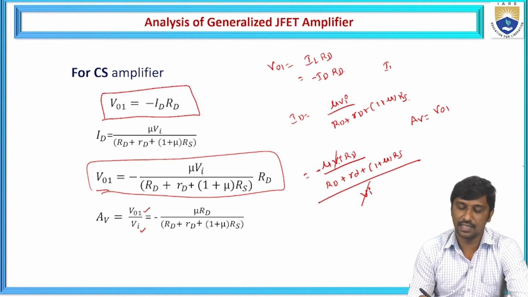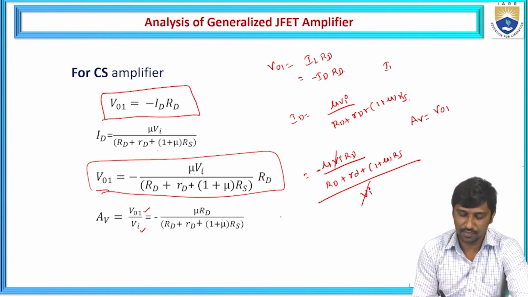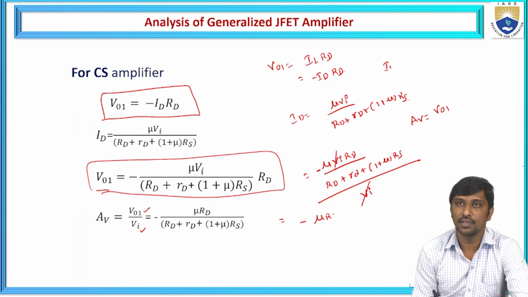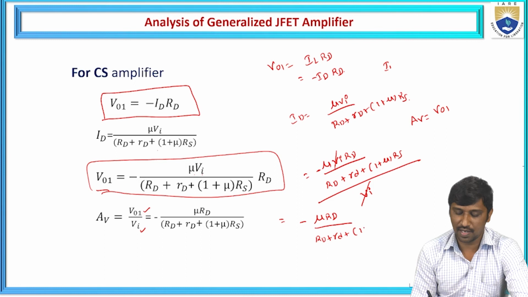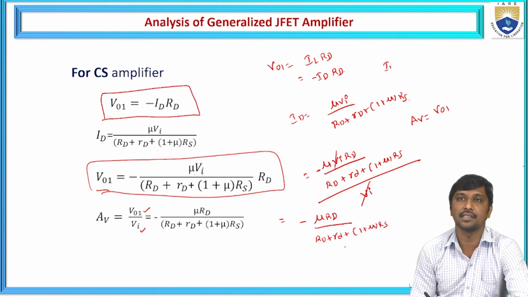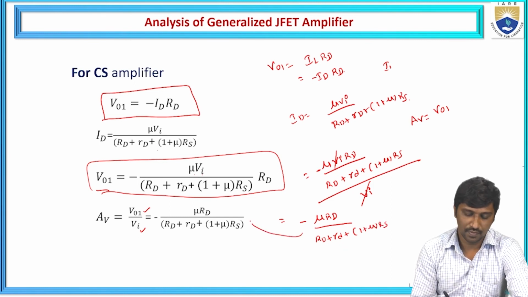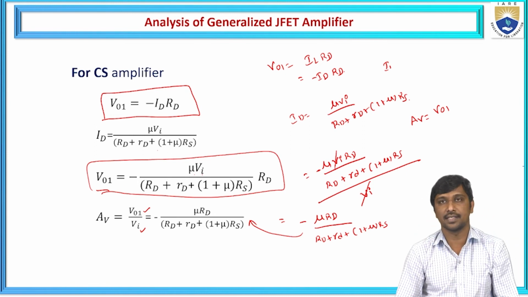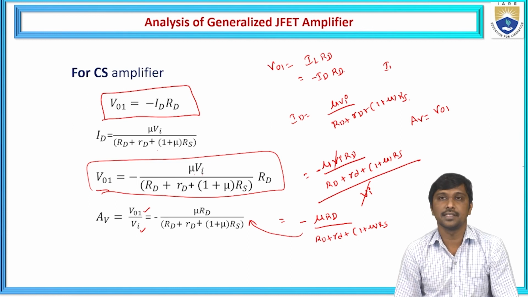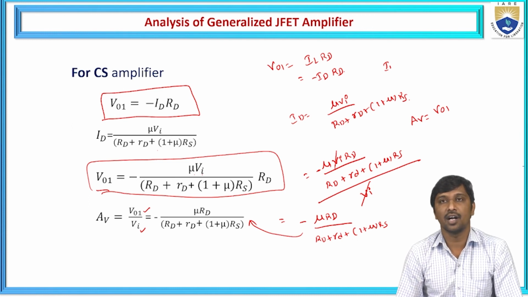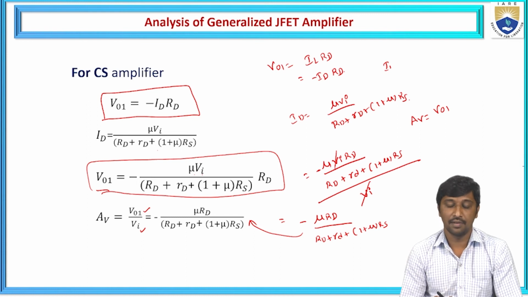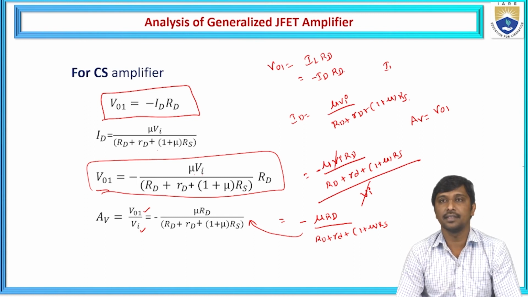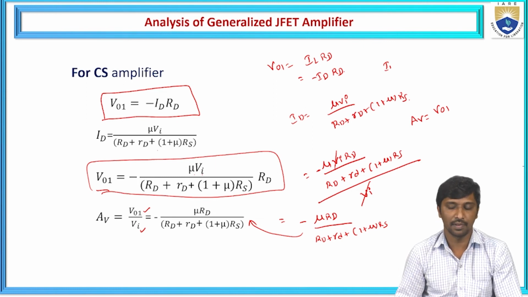So this Vi gets cancelled. Now it becomes minus mu times capital RD by capital RD plus small rd plus 1 plus mu times Rs. This is the voltage gain when we consider the source resistance. The source resistance exists for a common source amplifier, and the negative sign indicates a 180 degrees phase shift between the input and the output.